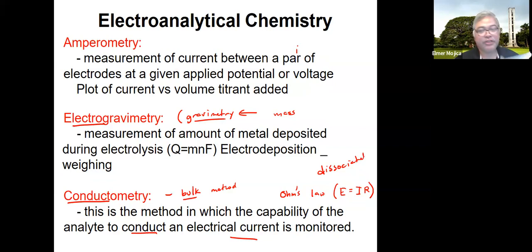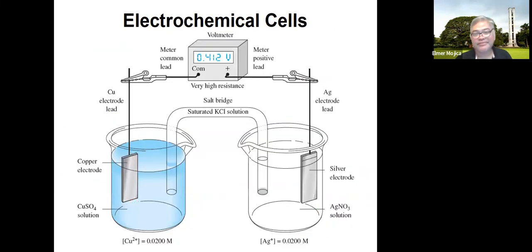Now, what we're going to do for the rest of the meeting and continuation next week is we're going to look at the so-called electrochemical cells. Okay, so if we're going to look at the electrochemical techniques that we have, what can you say about them? Are they homogeneous or heterogeneous?